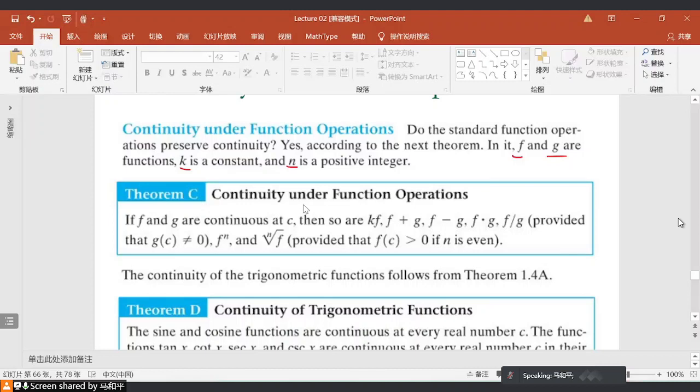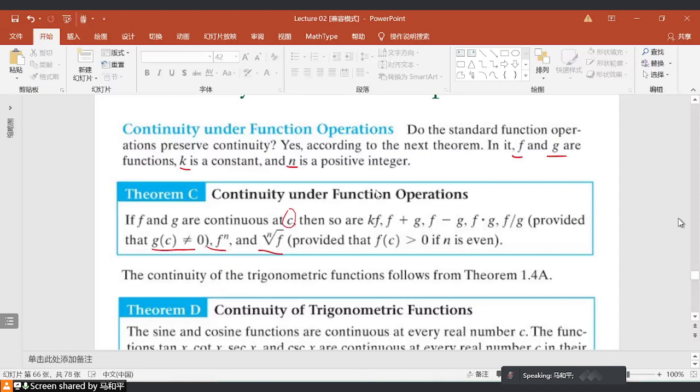If f and g are continuous at the point c, so are k times f, f plus g, f minus g, f times g, and f over g, provided that g(c) is not zero, and f to the power n, provided f(c) is greater than zero if n is even.